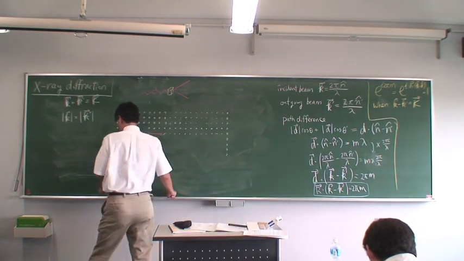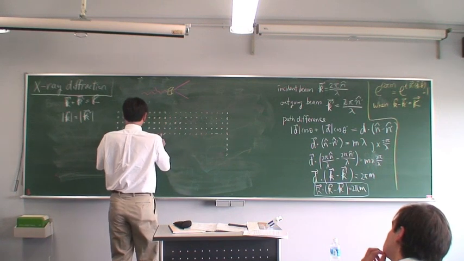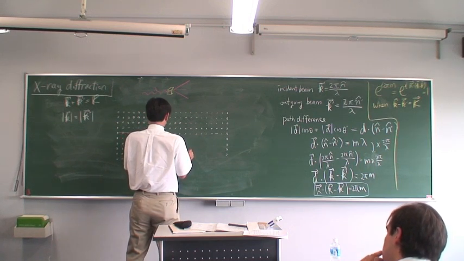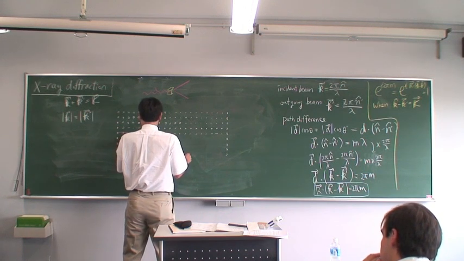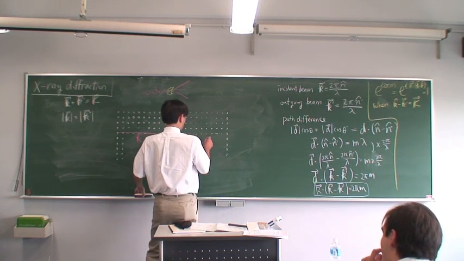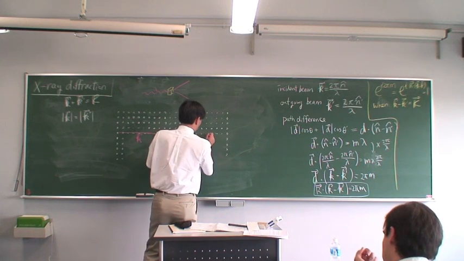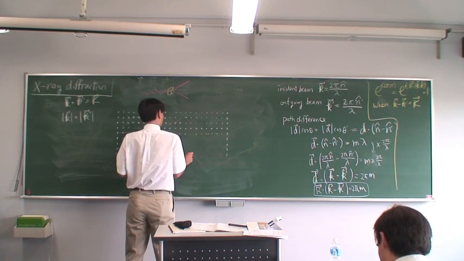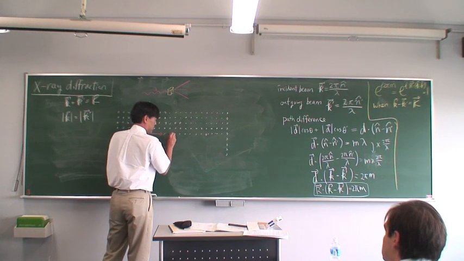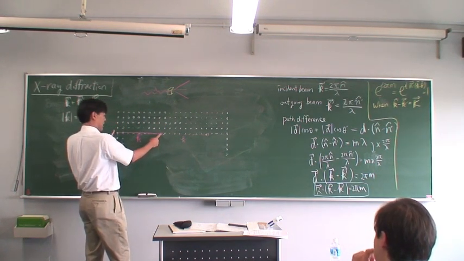So automatically, K and K prime have to be the same length, which is why I draw the same length.